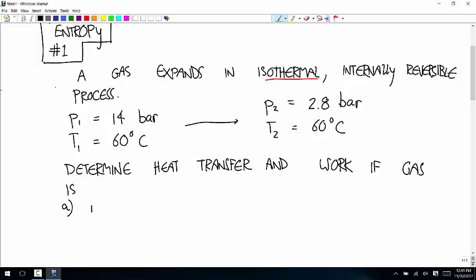One is refrigerant 134A, and two is air treated as an ideal gas.